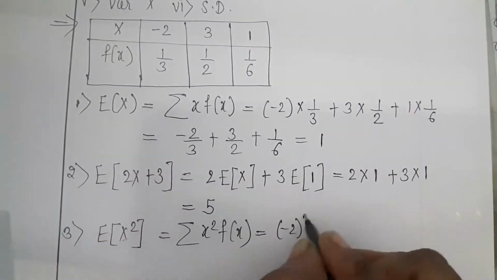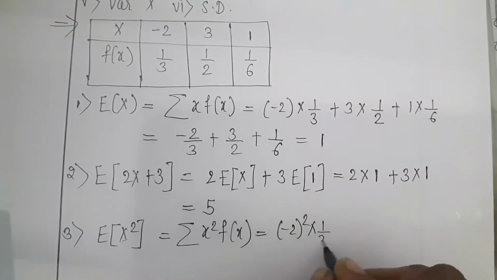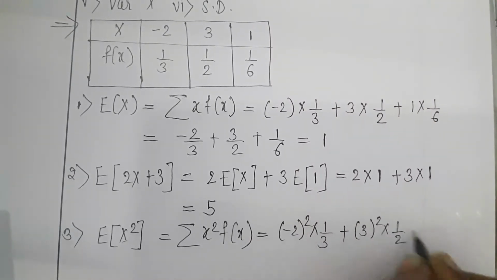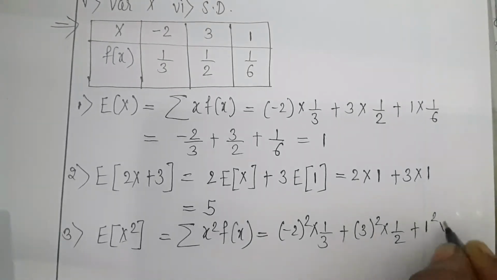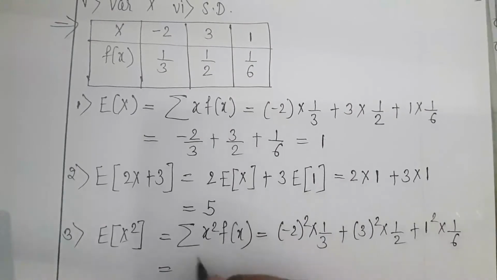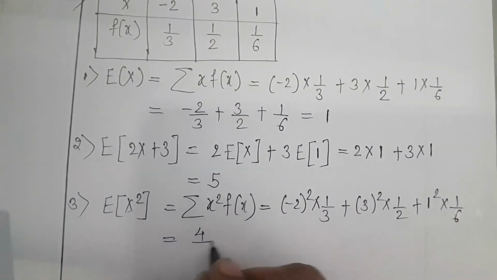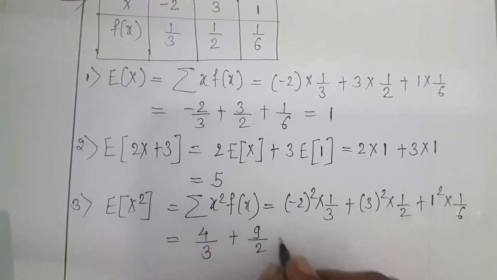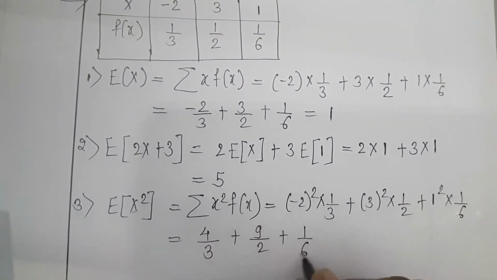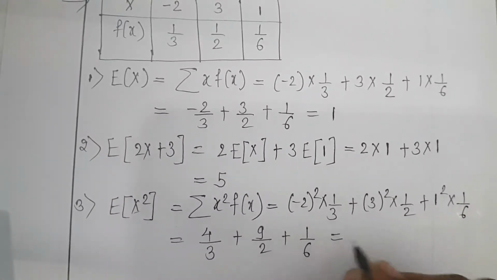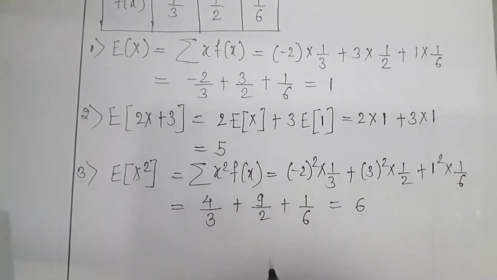So minus 2 square multiplied by 1 by 3, plus 3 square multiplied by 1 by 2, plus 1 square multiplied by 1 by 6. Now minus 2 square, a square is always positive, so it is 4 divided by 3, plus 3 square is 9, 9 divided by 2, plus 1 square is 1 divided by 6. So calculated, it is equal to 6.